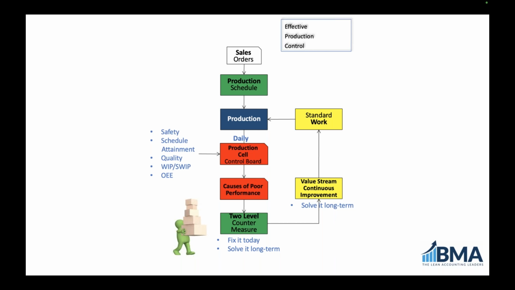And as I mentioned earlier, in daily lean management, if you can't solve a problem that is recurring, you have to kick it up into value stream improvement. And all this is surrounded or leveled with standard work. So again, I found it very interesting that these slides are still relevant after many, many years.